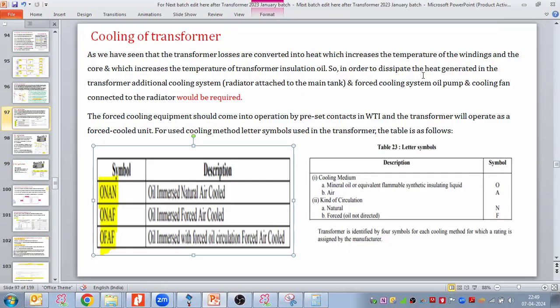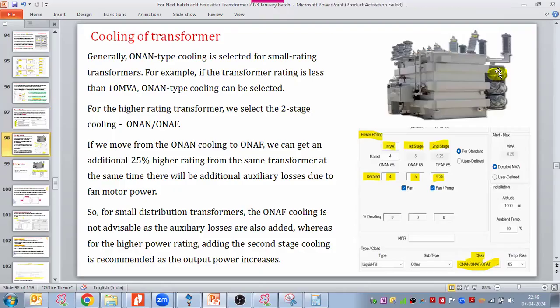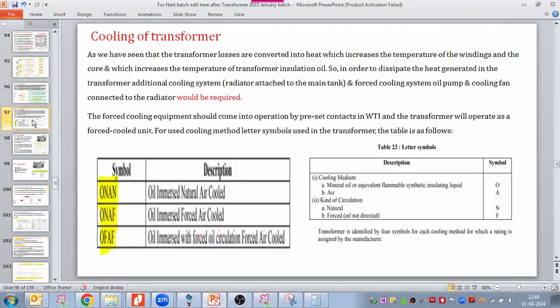To dissipate this heat, an additional cooling system, the radiator, is attached to the main tank. This radiator has a single job: it circulates the oil. When the oil circulates, it is cooled.